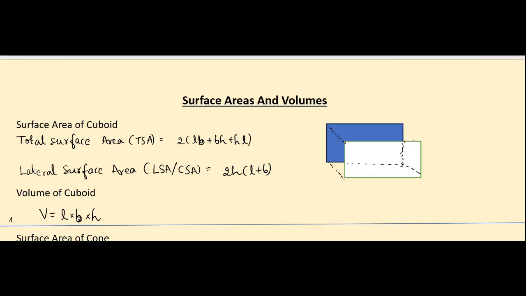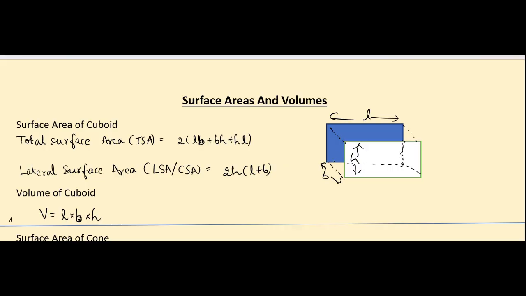Of length L, breadth B and height H. If length is L, breadth is B and height of the cuboid is H, then what will be the total surface area? The total outer surface of this cuboid is nothing but 2 of LB plus BH plus HL: length into breadth, plus breadth into height, plus height into length.